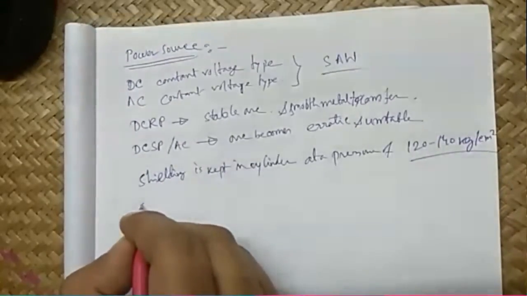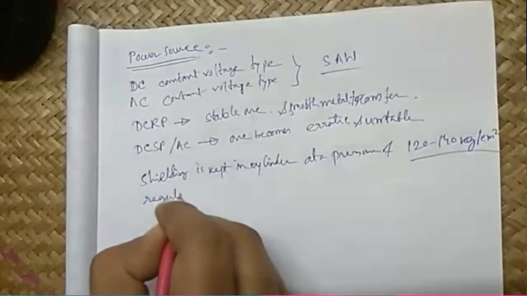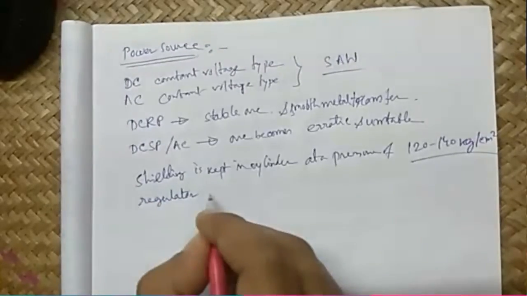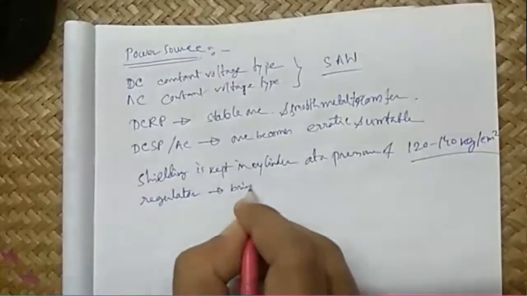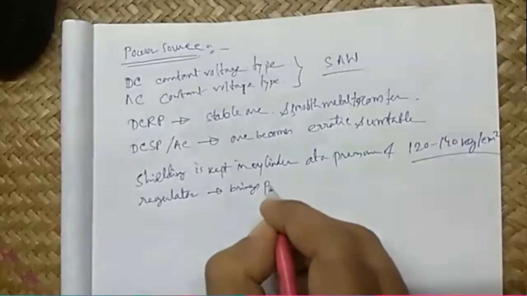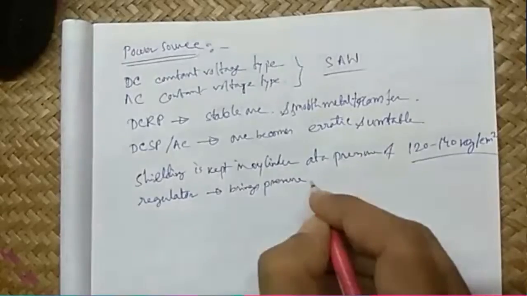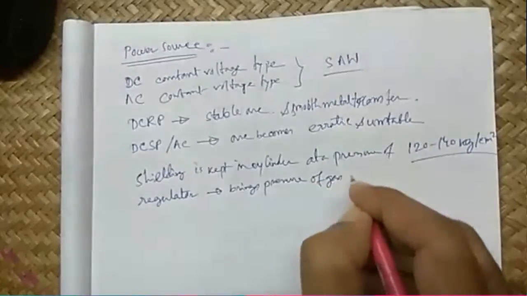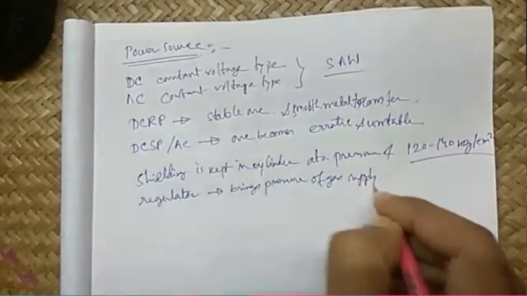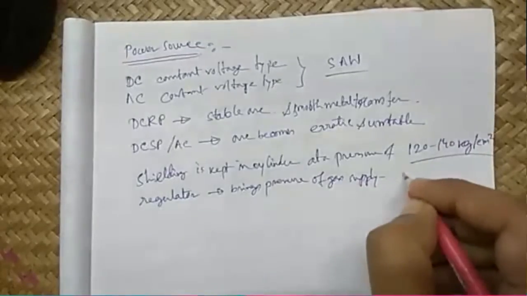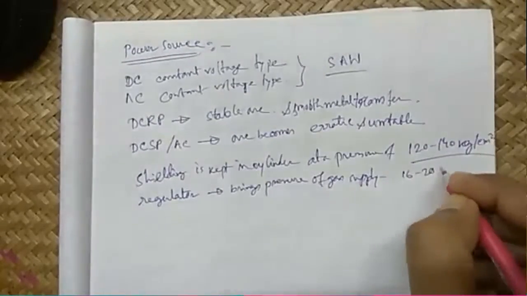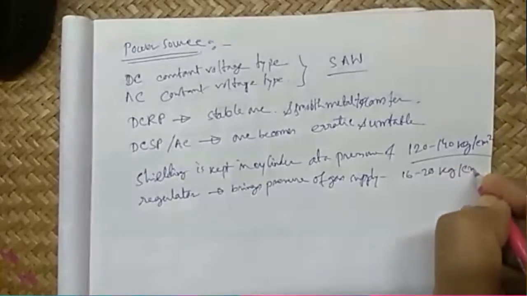You have to use a regulator, and that brings the pressure of gas supply to about 16 to 20 kg per centimeter square.